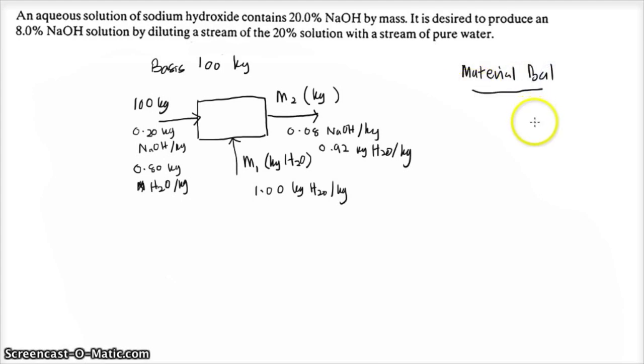In the equation they have sodium hydroxide and water, so we can use, I think, 3 balances: the first is the sodium hydroxide balance, the H2O balance, and the last one is the total mass balance.